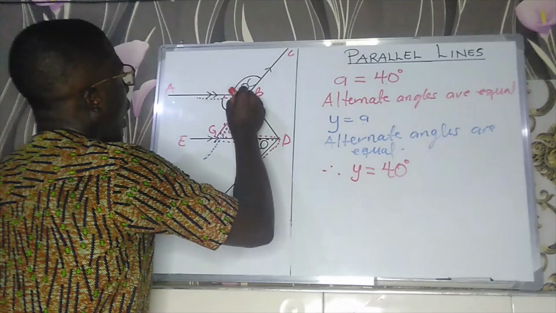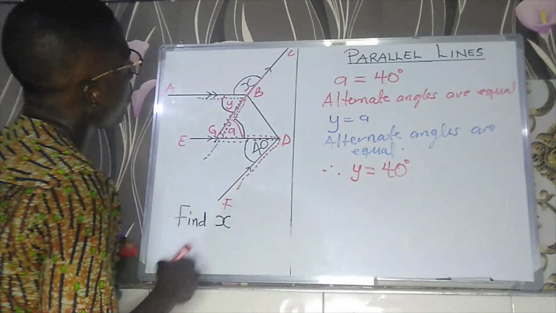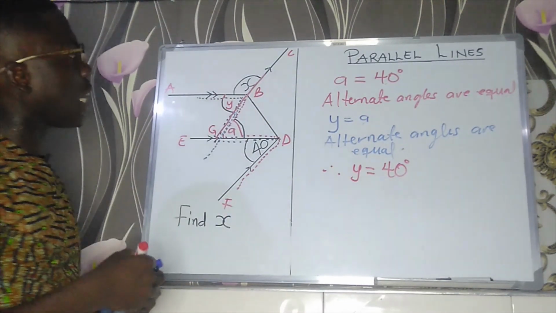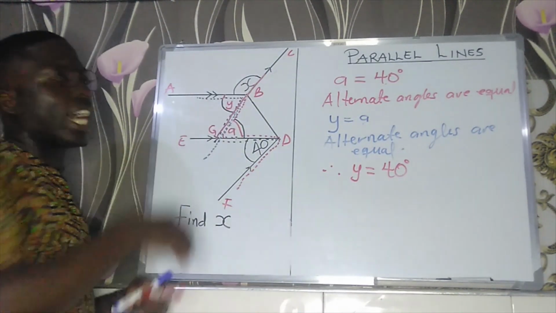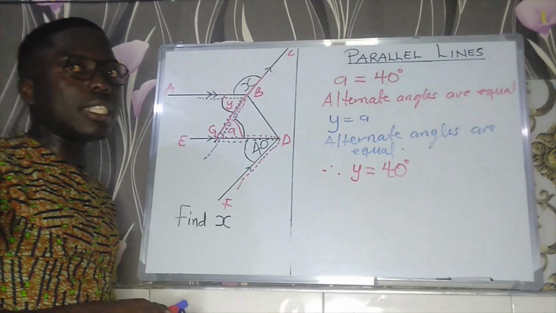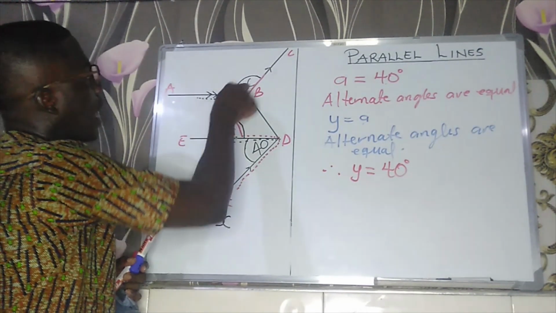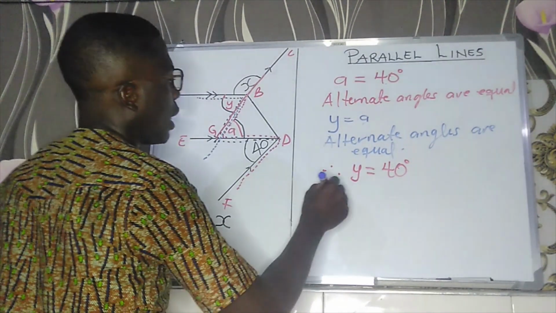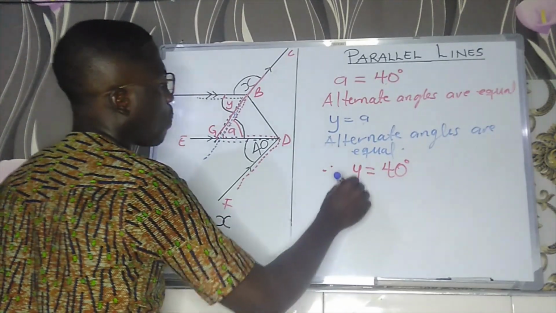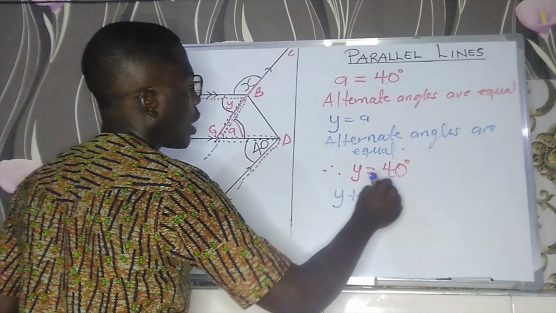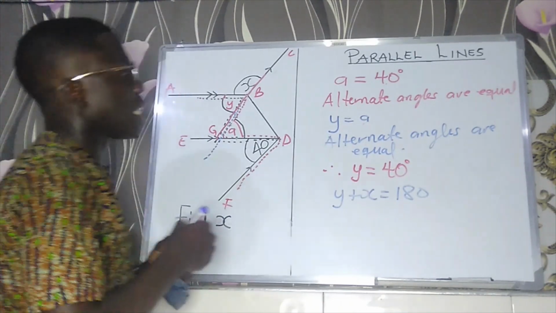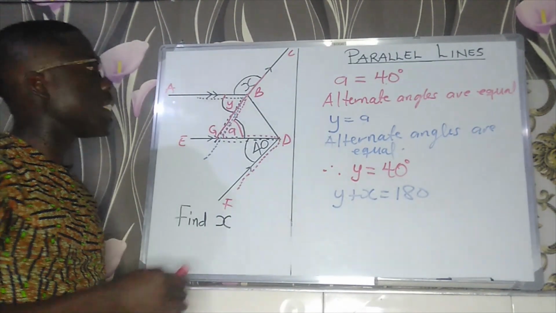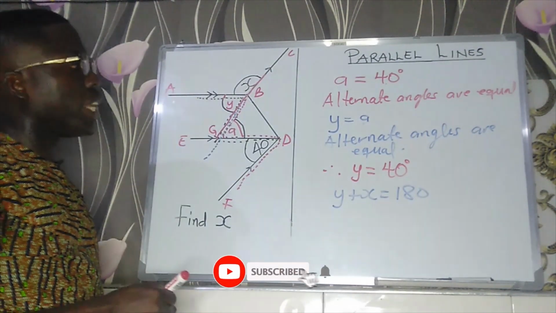Good. And once we have our Y equal to 40 degrees, then we can see angle Y and angle X become supplementary because they are on a straight line. And we all know straight line angles add up to 180. And so Y plus X should be equal to 180. This is because supplementary angles add up to 180, or straight line angles add up to 180.